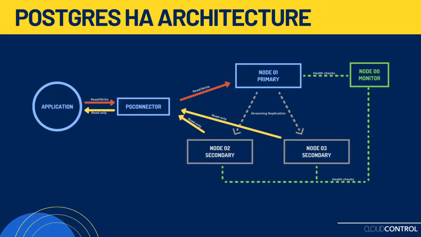Today, we will be demonstrating only one secondary database, and all these are orchestrated by the Postgres image that we will be downloading from our library, and it will get deployed as a stateful set with three replicas. The first replica, pod zero, becomes the monitor, and the other two become the primary and the secondary.